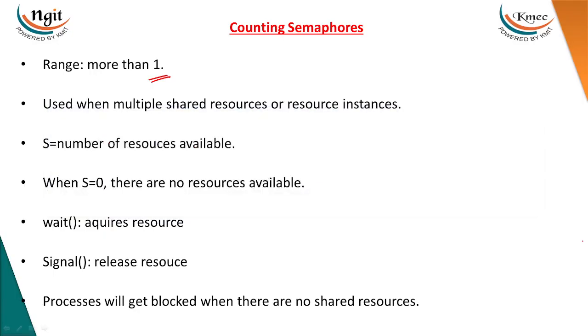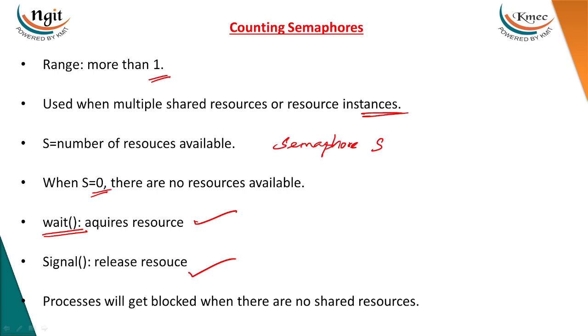It is used when there are multiple resource instances available. So the semaphore s will be equal to the number of resources that are currently available. Here also we'll use two functions, wait and signal.